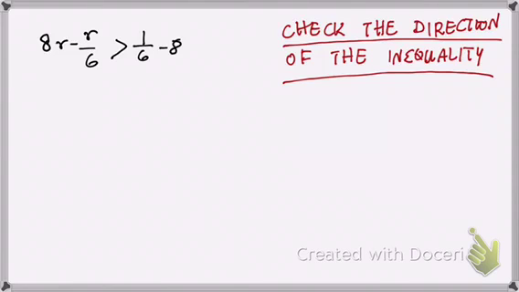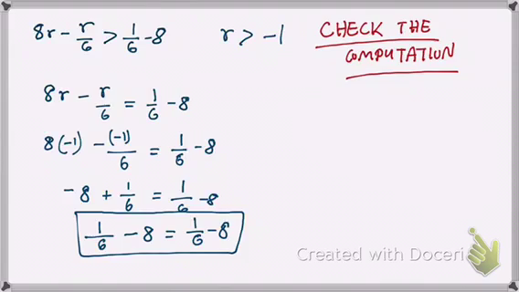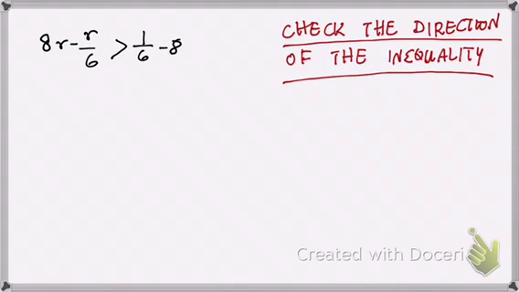So what I'm going to do here is that we found that the solution is r is greater than -1. So when r is greater than -1, r can be 0, right? R can be 0, r can be 1. So let's try 0, let's try 1.